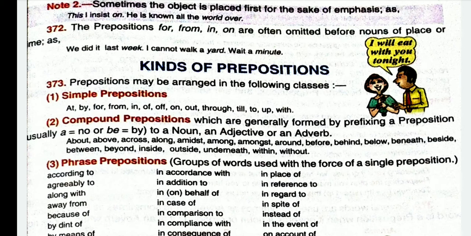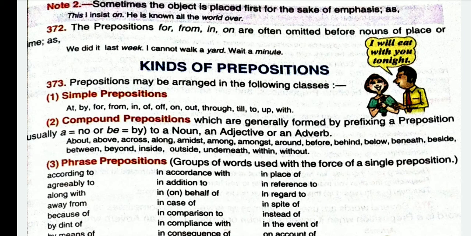Then there are phrase prepositions, as you can see, number 3. These are groups of words used with the force of a single preposition. For example, according to is a phrase preposition. We all know what a phrase is. A phrase is a group of words, minimum two words, can be more, but they do not have their independent subject.